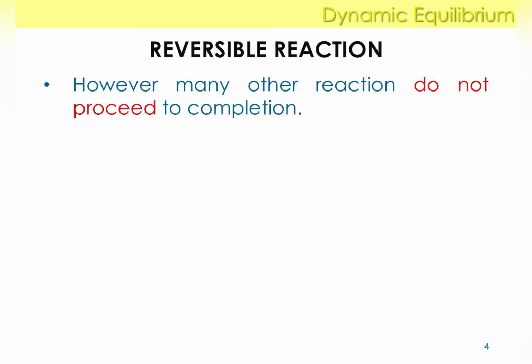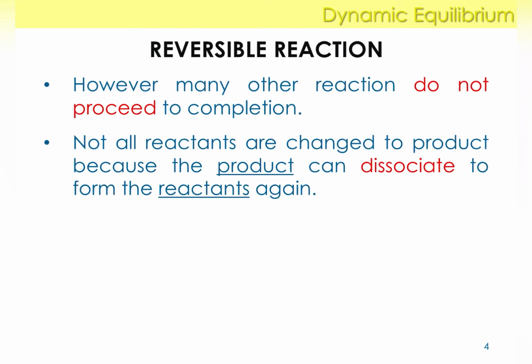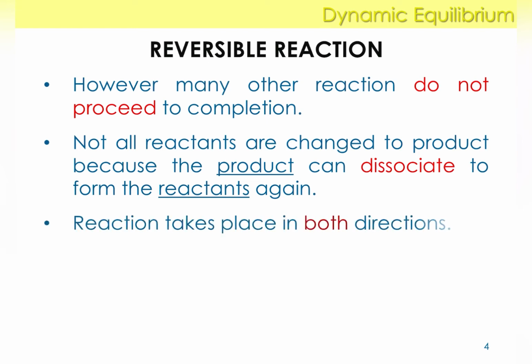However, in another case, we have reversible reactions where some of them do not proceed to completion. It means that not all reactants are changed to product, because the product can dissociate back to form the reactants again. And this is why this kind of reaction takes place in both directions.